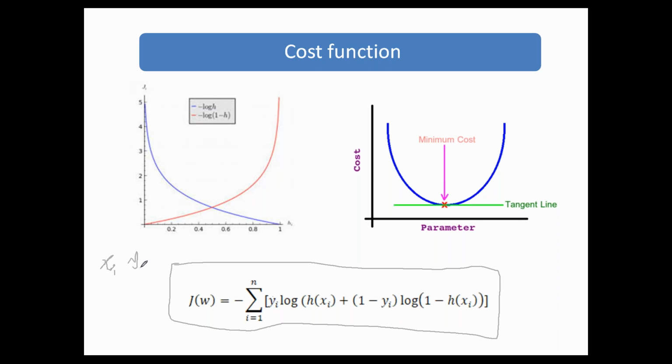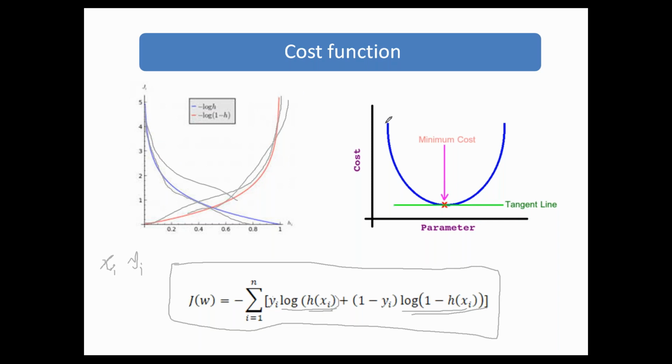For example, log h will be like this curve, and log 1 minus h is like this curve. So we will be taking the logarithm of the hypothesis function. In the linear regression, we used the direct linear hypothesis function, but here you are taking a non-linear one, that is logistic. So log h will be something like this, and log 1 minus h will be this one.